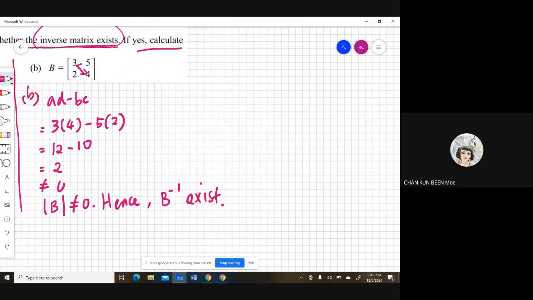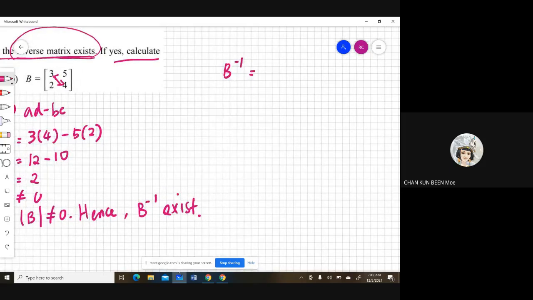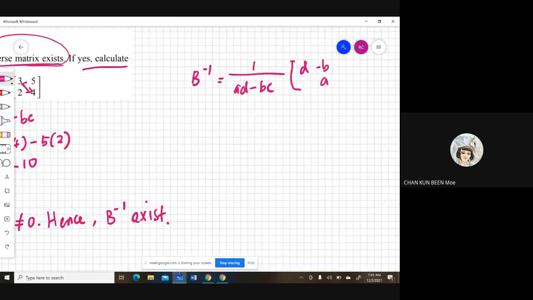The inverse matrix of matrix B, B to the power of negative 1, is equal to 1 over AD minus BC multiplied by, this will be the A exchanged with D already: D, negative B, negative C, A.